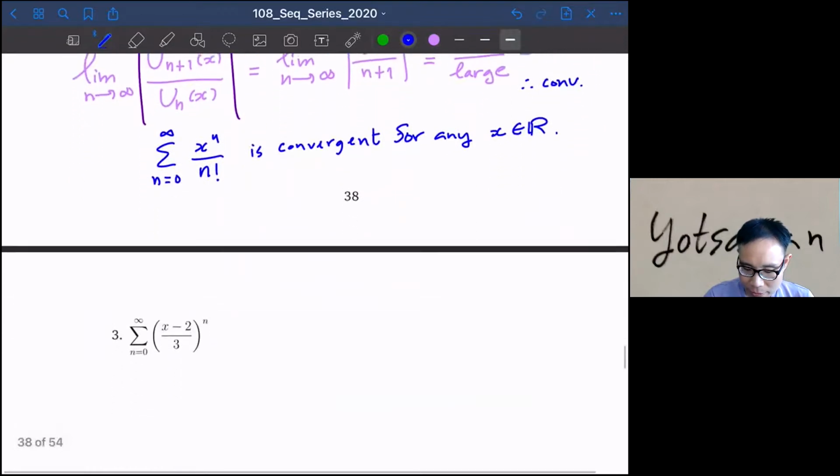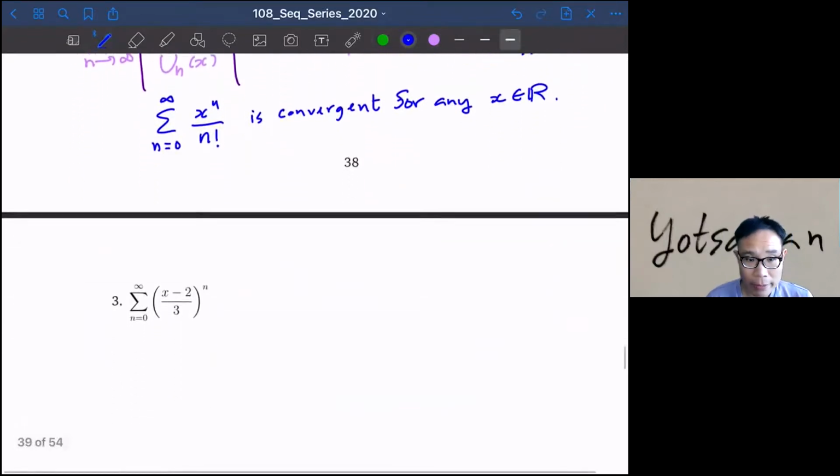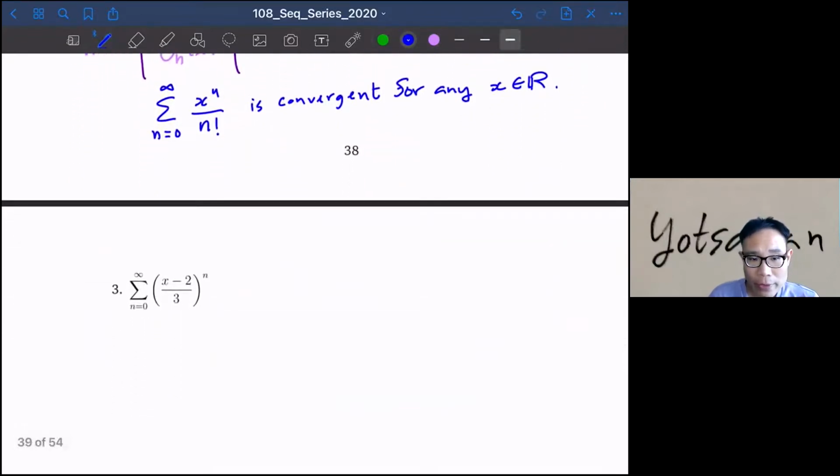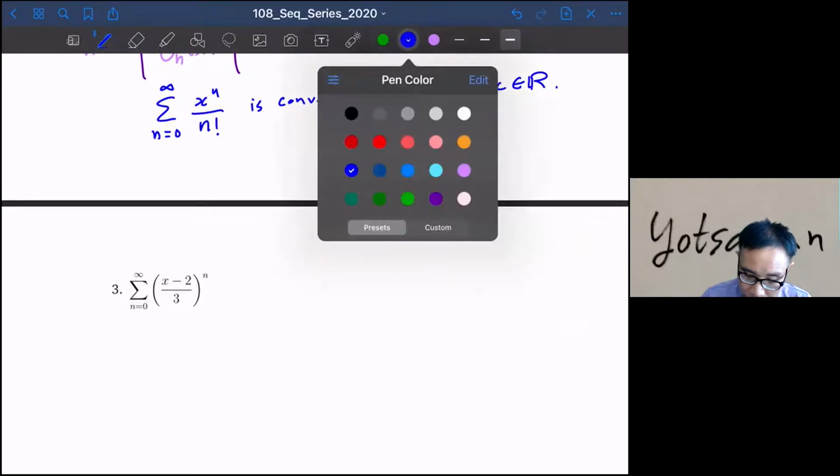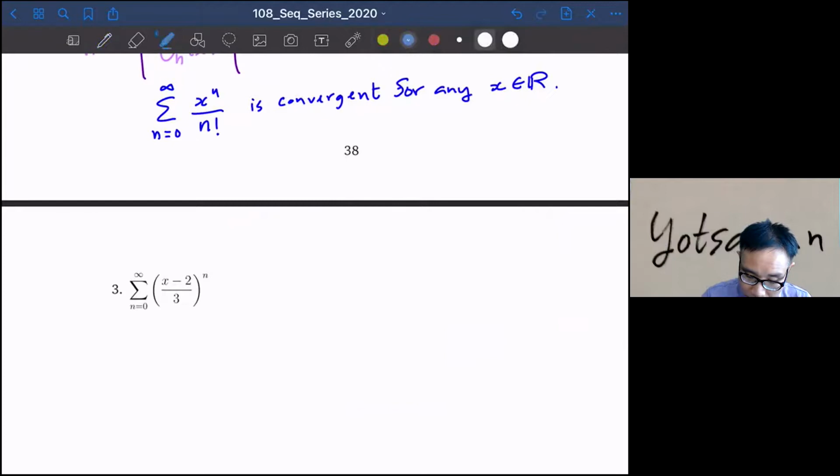The next one will be the series from n equal to 0 to infinity of (x minus 2) to the n over 3. For this one, if you take a look, it's going to be something raised to the n power. And if you recall, let me highlight. I highlight in yellow.